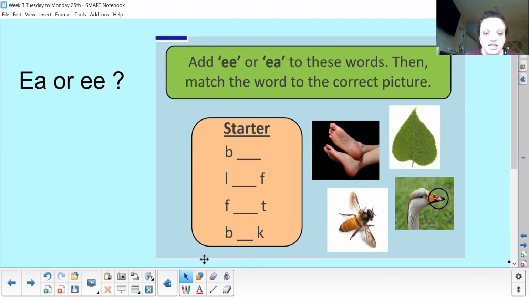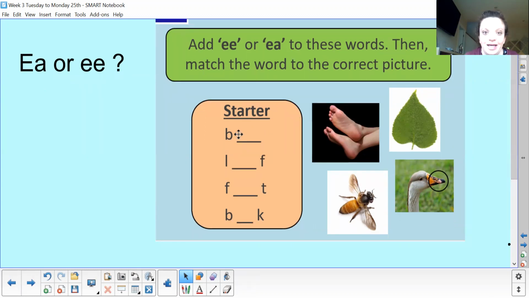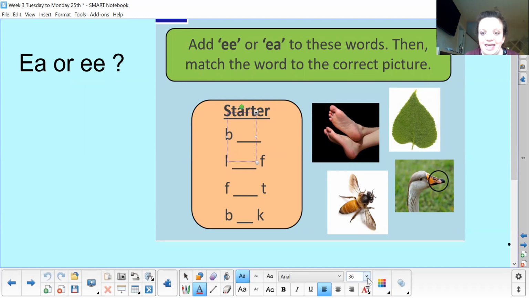Okay, fantastic. So the first one is going to become B-E-E. We're going to spell it with two E's, E-E, and the picture of a bee is down here in the corner. The next one is leaf, and we're going to spell it with an E and an A, and the picture of a leaf is over here.